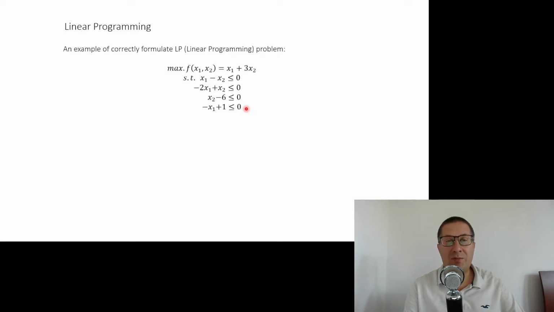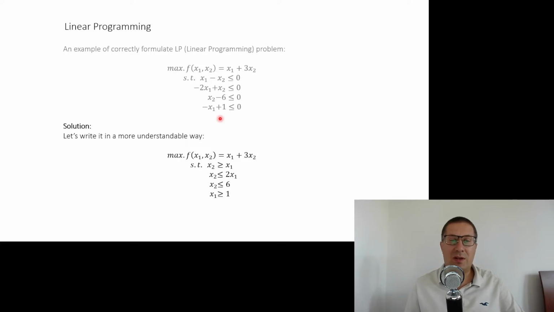Linear programming because all the equations and inequalities are linear. Everything is linear. The simplest possible case.